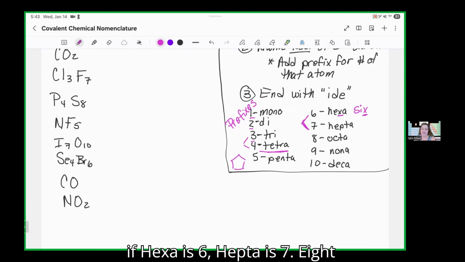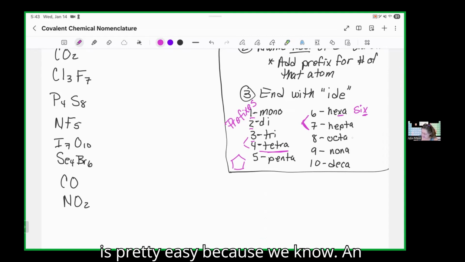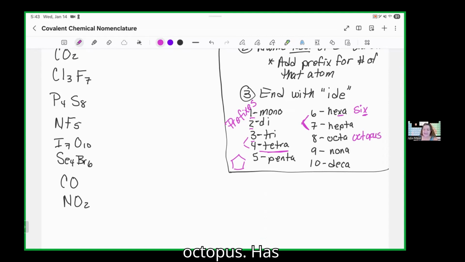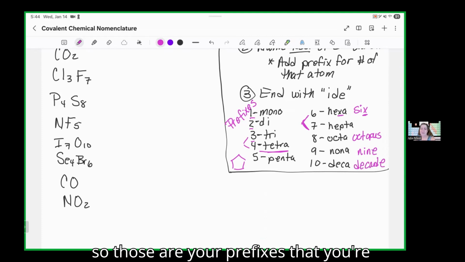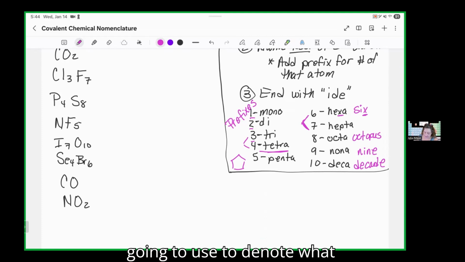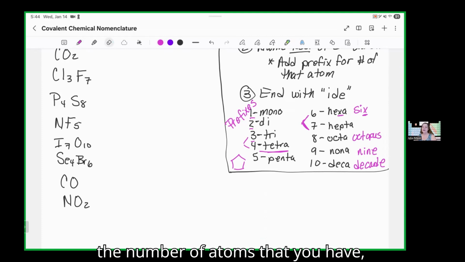So if hexa is 6, hepta is 7. 8 is pretty easy because an octopus has 8 legs. Nona sounds like 9, and a decade has 10 years. So those are the prefixes you're going to use to denote the number of atoms of each element you have.